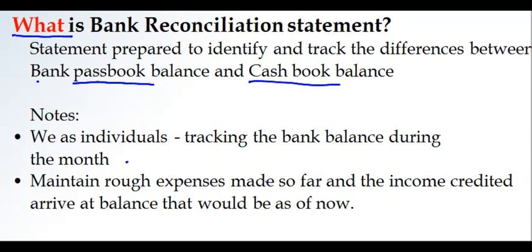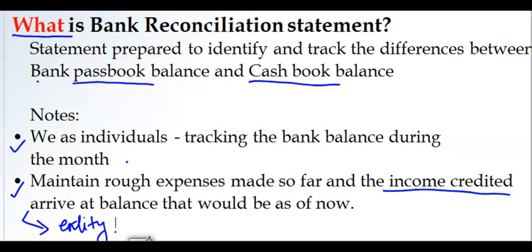We keep track of rough expenses made so far and the income credited during the month, and we find the balance as of now. Whatever we do in an unstructured way, we do in a structured way for an entity on a timely basis, in order to identify what the differences are and why the difference has arisen between the balance as per the cash book and the balance as per the passbook. This is what a bank reconciliation statement is.